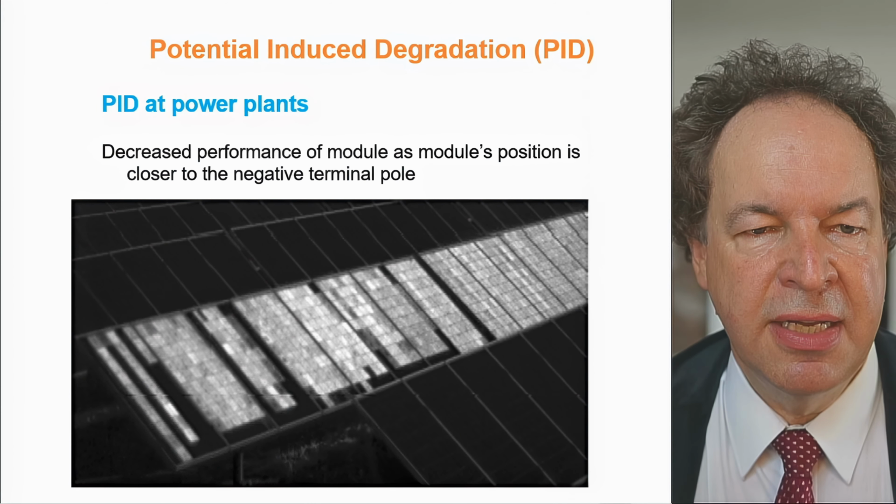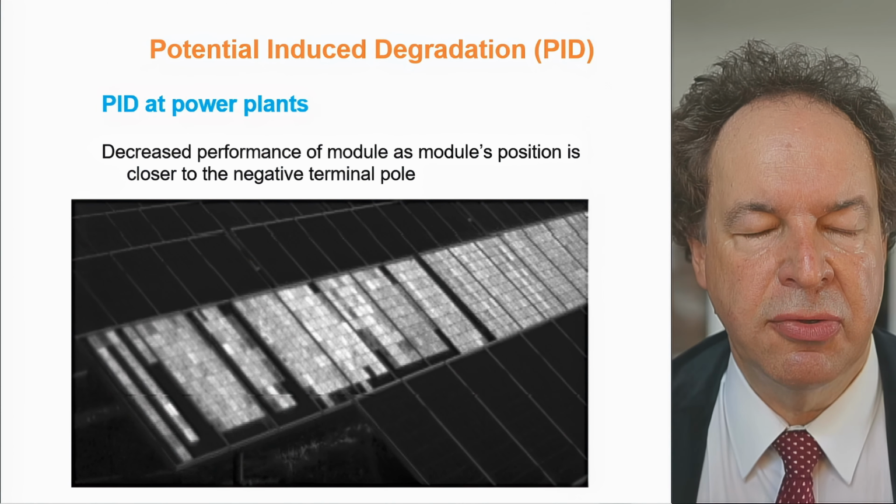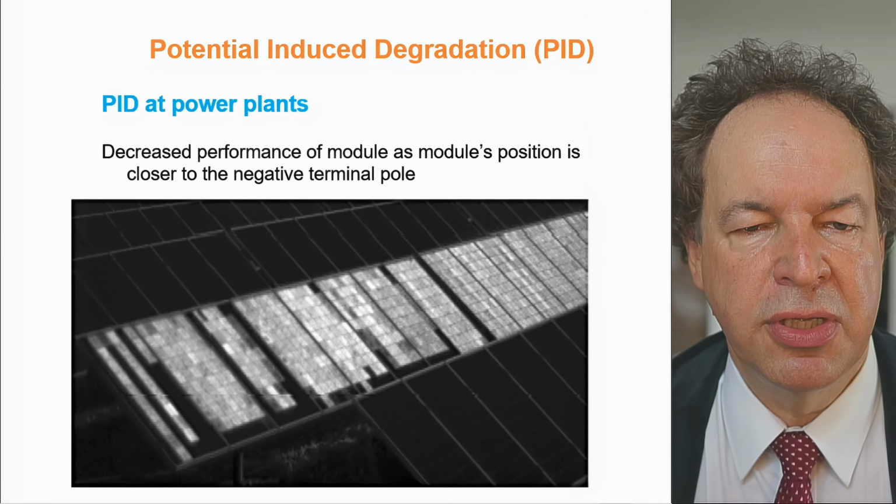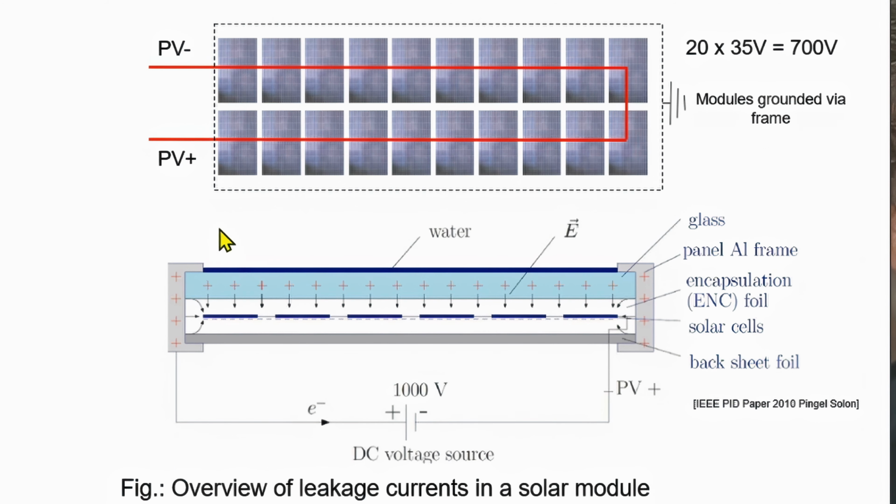As I mentioned already, the decreased performance depends on the module being closer to the negative pole. Here you see the effect. We have positive and negative here, and the module frame is grounded. Here you see an internal electrical field, not only from the PN junction, but from the inside of the modules due to the high voltage applied to the system voltage.